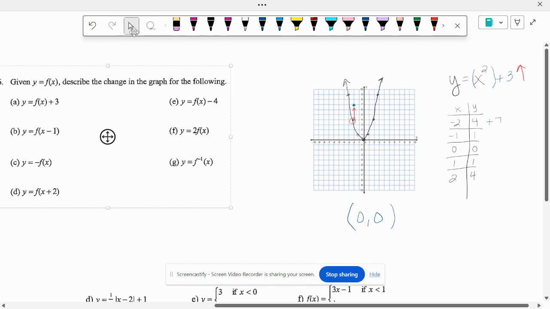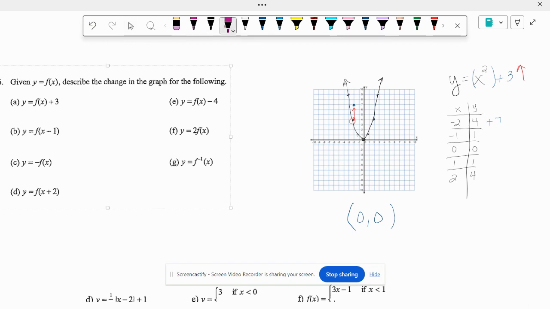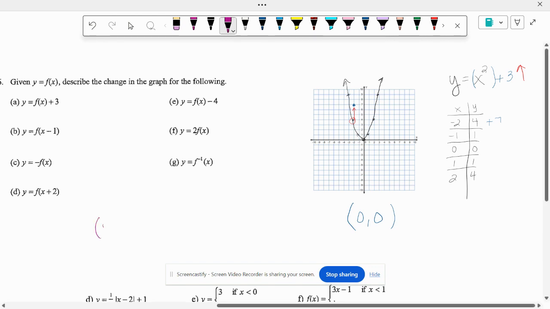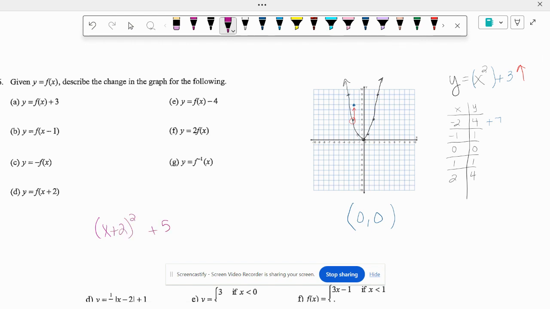So when I think about a number on the outside of the function, what I mean by that is, if I have (x + 2) quantity squared, plus 5, this is the number that's outside of the square function. So the number outside is representing a vertical shift.